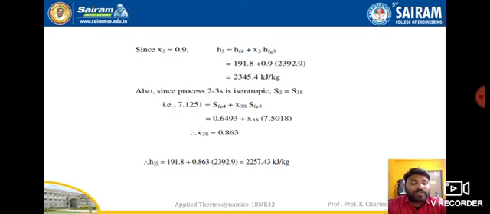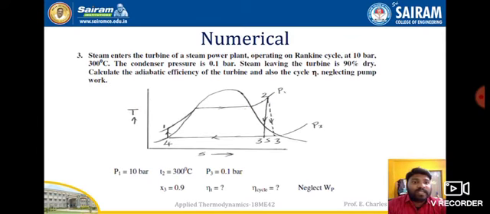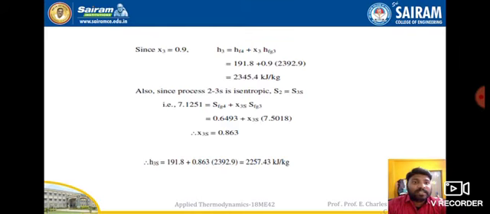Next, for the 2 to 3 process, the isentropic process, S2 is equal to S3S. That is what we have seen in this diagram. S2 is equal to S3S because the entropies are equal, it is an isentropic process. Entropy remains constant. S2 we already know from the steam table book, 7.1251, is equal to SF3 plus X3S into SFG3.